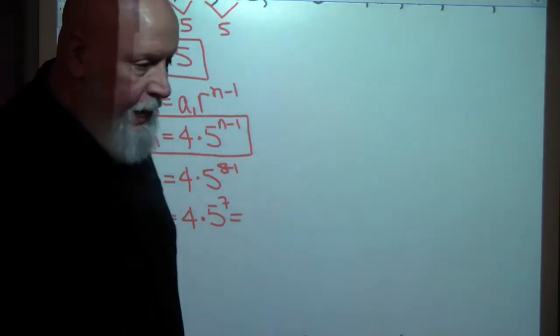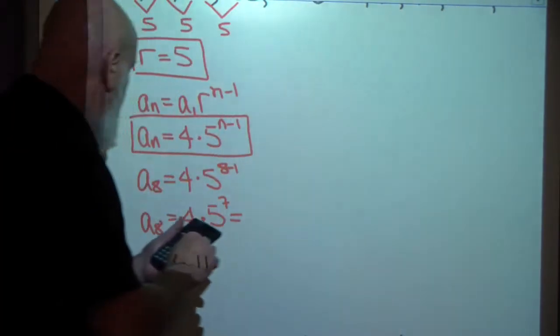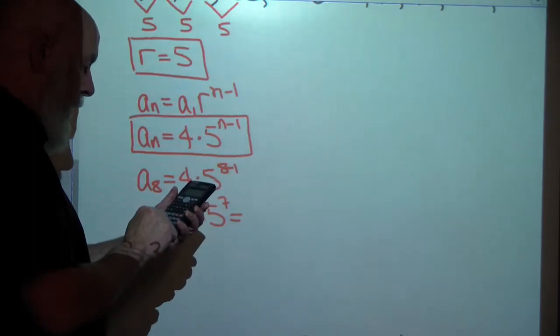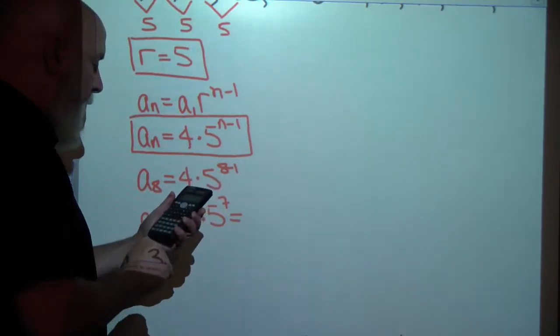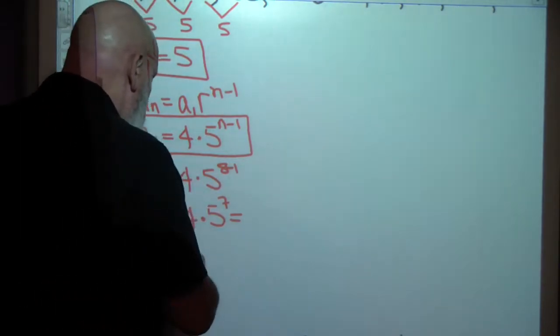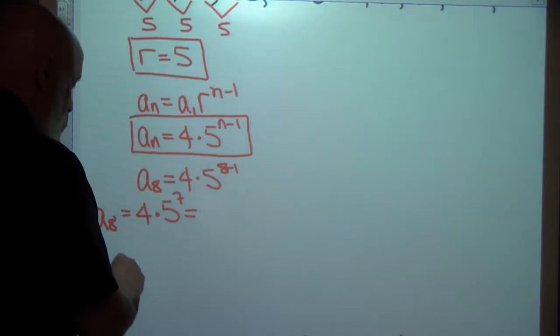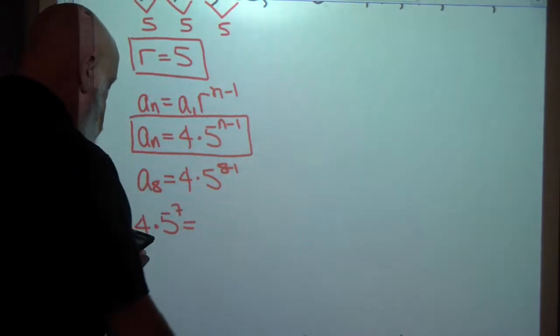Come up with a value, and then we hope we haven't messed up in putting it into our calculator. 4 times 5, raise 5 to the 7th, I got 312,500.